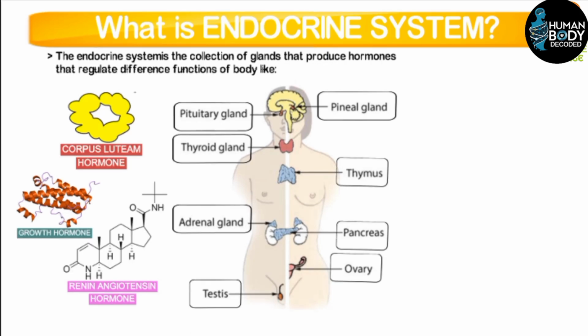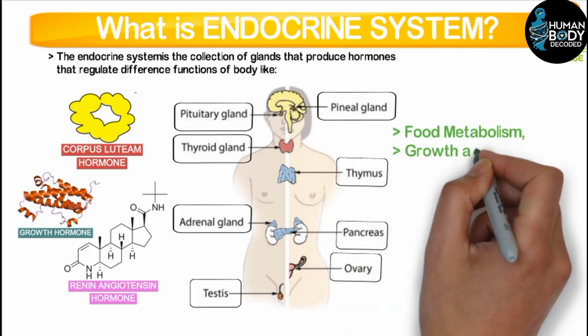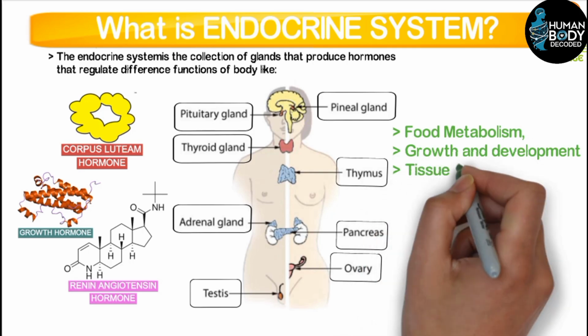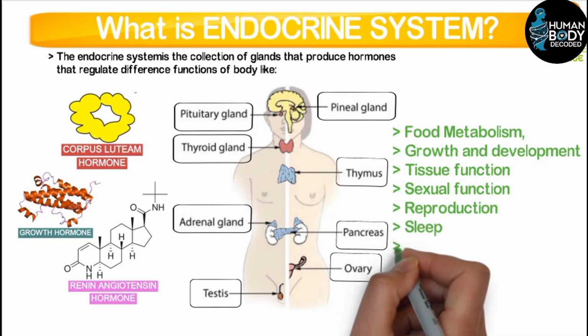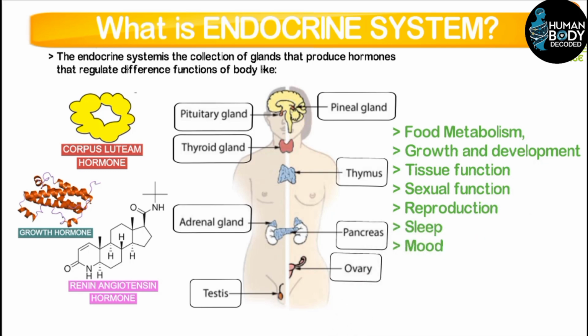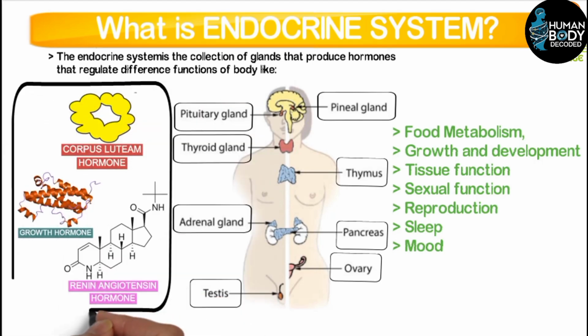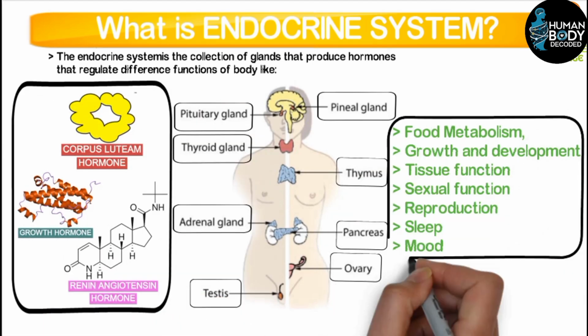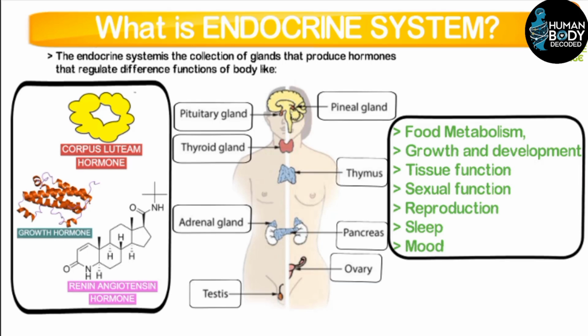And these different hormones regulate different functions of our body, like food metabolism, growth, tissue function, sexual reproduction, sleep and mood. These glands are connected with each other and produce different hormones and control different functions. So we call this whole system the endocrine system.